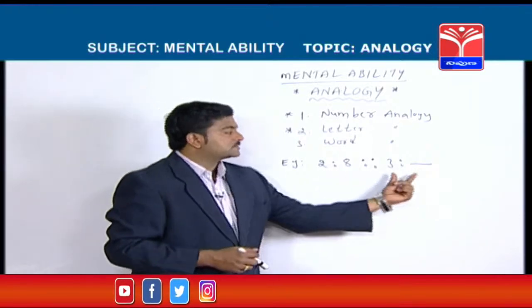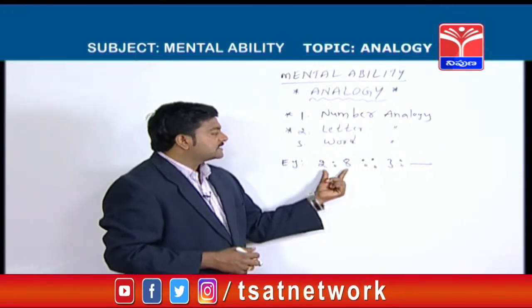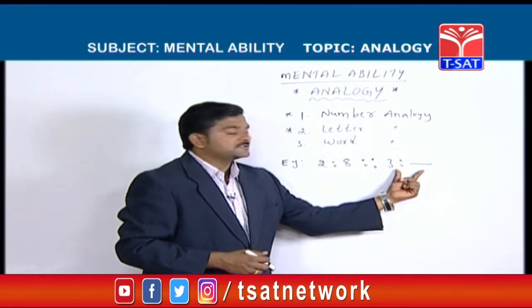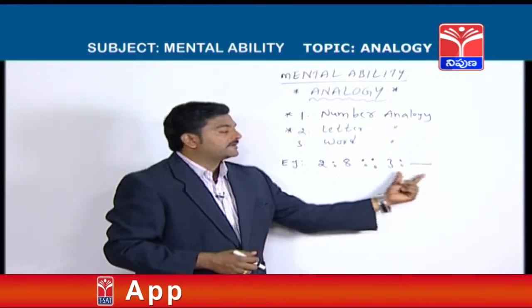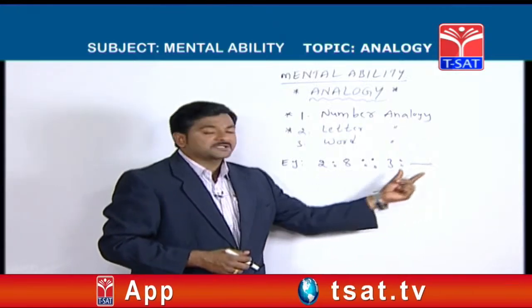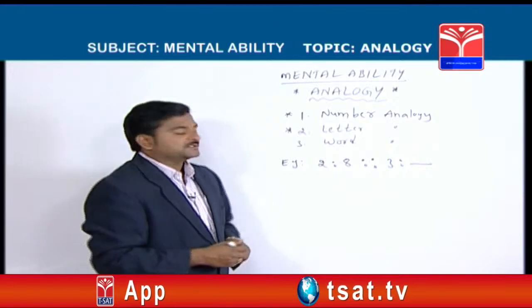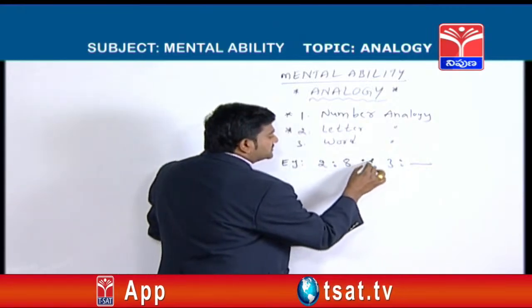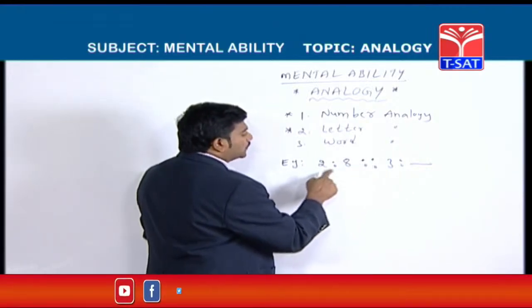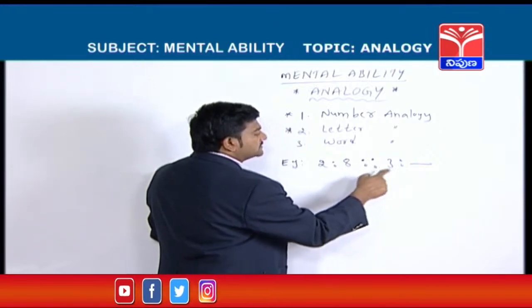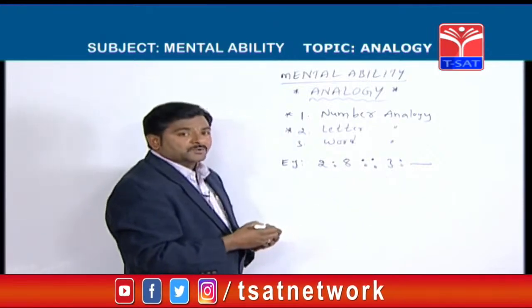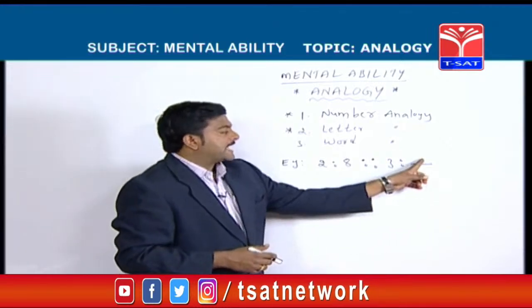Here two sets of numbers are given. This is one pair of numbers and this is another pair of numbers. These two pairs are separated by the symbol called "is as". 2:8 is as 3:dash. Now we have to find out this blank part value.